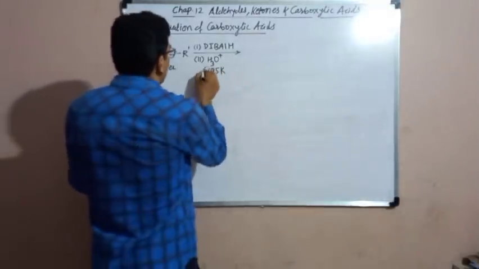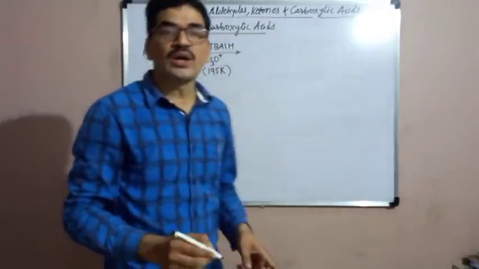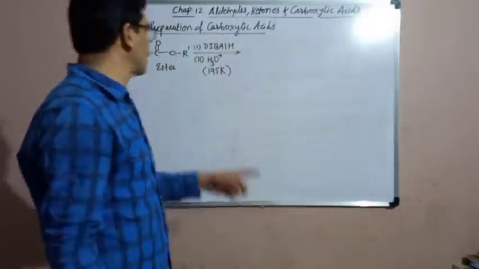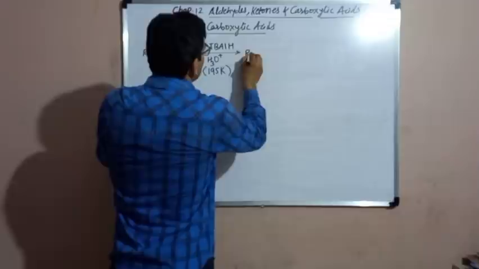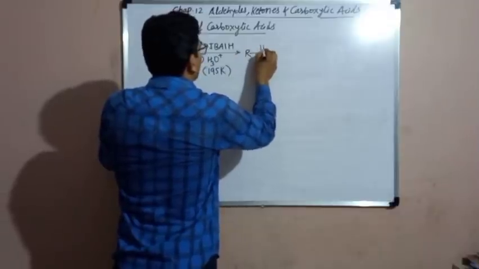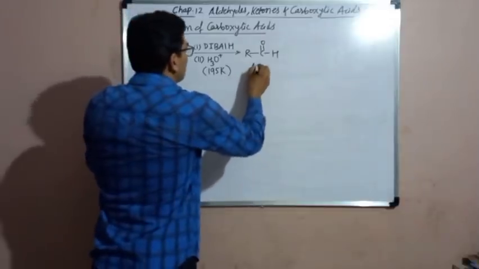Low temperature is required here. This low temperature is required in order to prevent the further reduction of the aldehyde which is produced here. So here there is a formation of an aldehyde. This is the aldehyde which is formed from the ester.